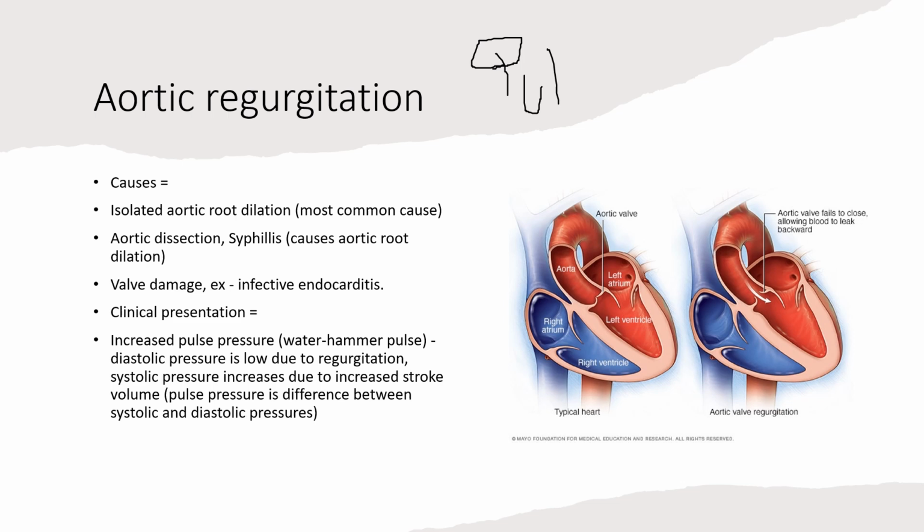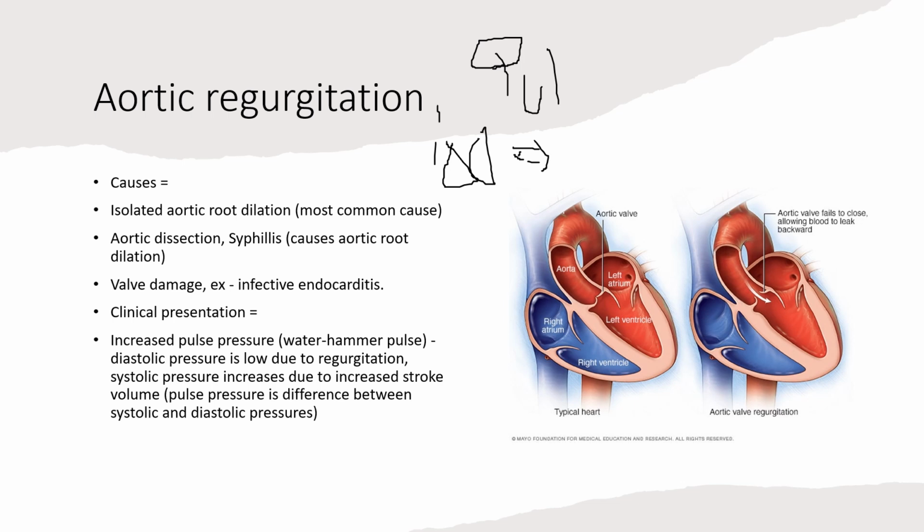Now in this disorder, out of 100, only 70 ml of blood is pumped by the heart, and the remaining 30 ml of blood comes back into the left ventricle.